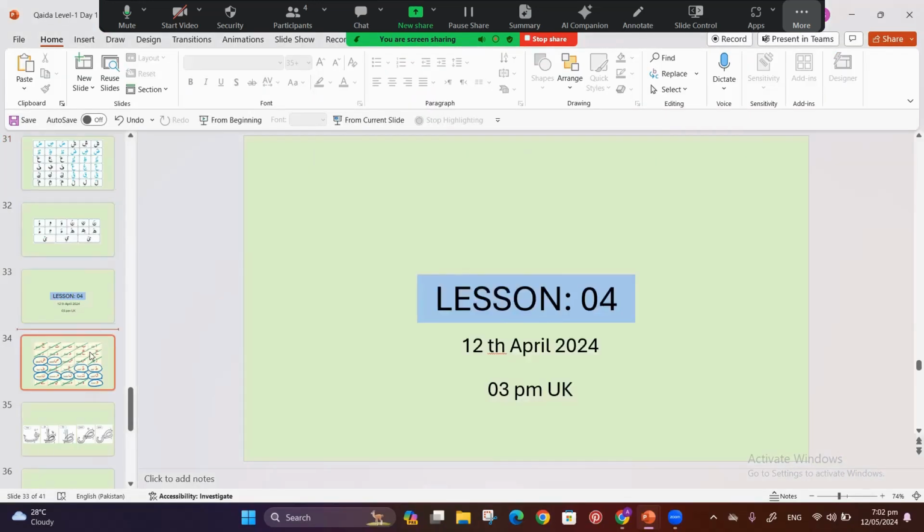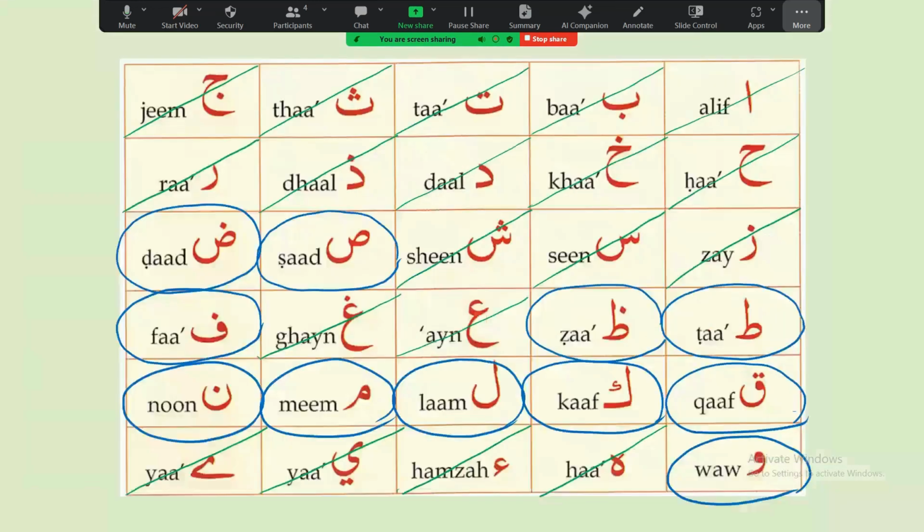Moving onwards with today's lesson, again I have marked the letters that we have covered with a green line, and I have encircled those that we will cover for today inshallah. For today we might cover more than the usual number of letters. Why is that the case?